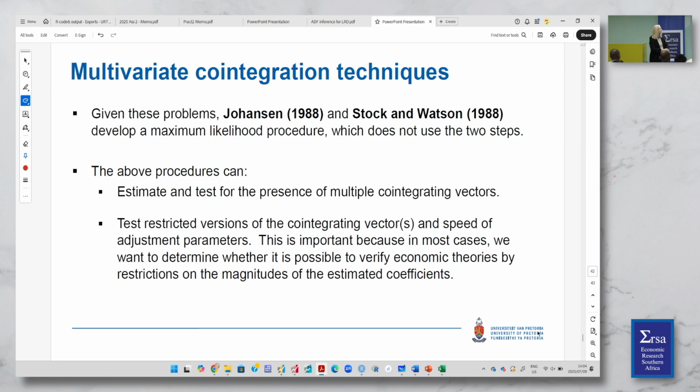So early on, there were quite a number of papers modeling, say, the wage bargaining in Germany or the wage bargaining process in the UK. But it's not that every other article that you look at will use the multivariate co-integration technique.